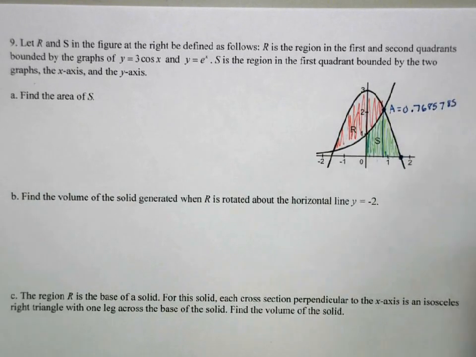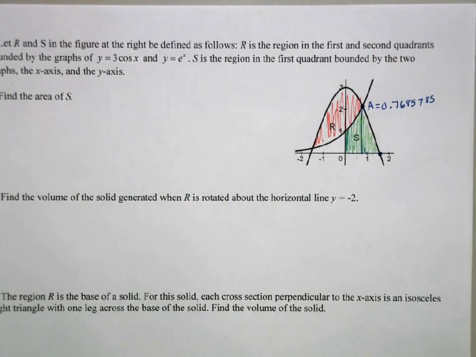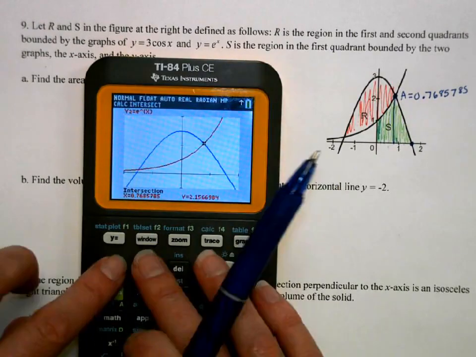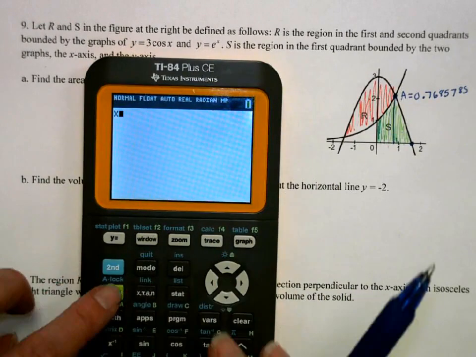Okay, so I found that intersection and then automatically go out and do X, store, A. Stored. Now I'm going to go ahead and find this point here.